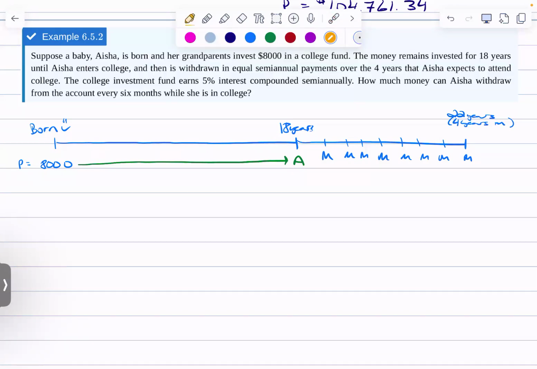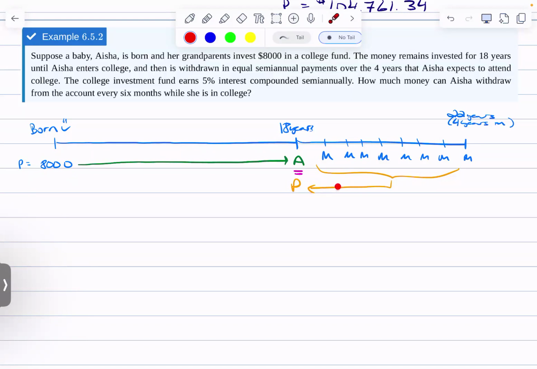But if we think of these payments, they're going to have some principal value, and the key is that that principal value has to be the same as this accumulated amount. So it's kind of like passing the baton. We let it sit there and it grows to some accumulated amount, and then that becomes the principal amount for these regular payments.